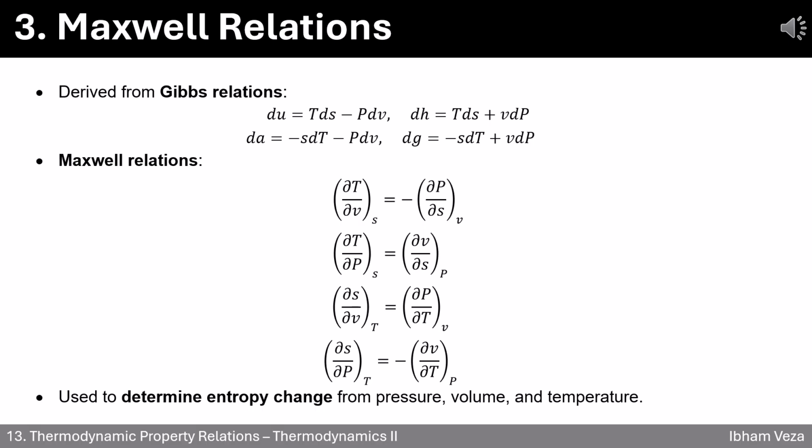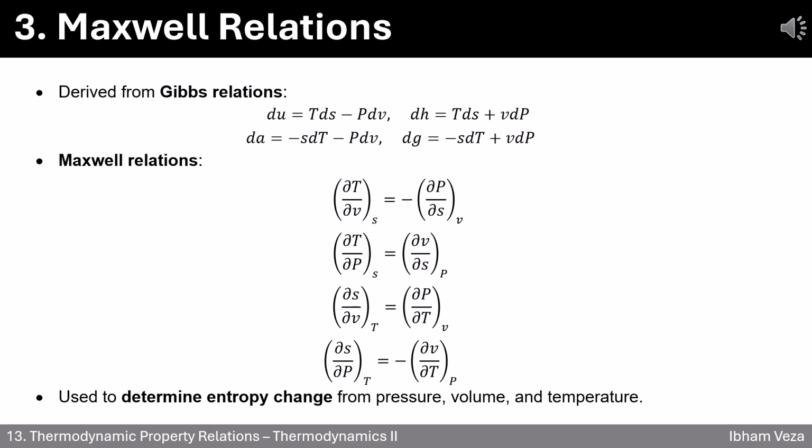3. Make thermodynamics simpler with Maxwell relations. Let's simplify your thermodynamics toolbox. Maxwell relations are like shortcuts, powerful identities that save you from complex derivations. They are born from Gibbs relations, which link energy forms like internal energy, enthalpy, Helmholtz, and Gibbs free energy with measurable properties.